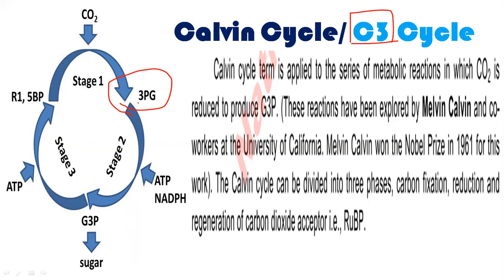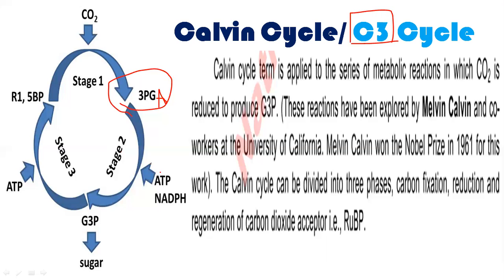That's why it is called 3-PGA. So that is called the C3 cycle. It is composed of 3 stages, stage 1, stage 2, and stage 3.